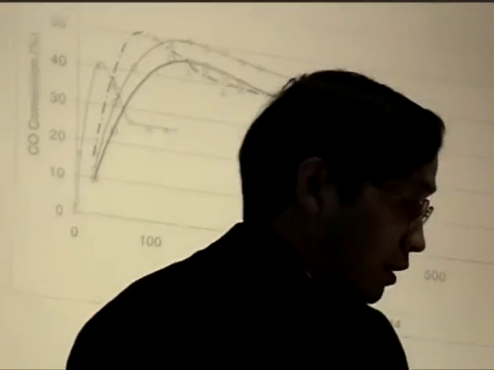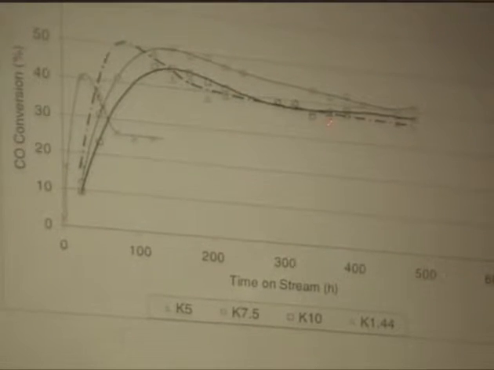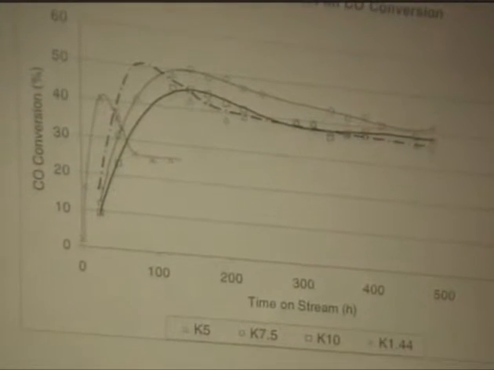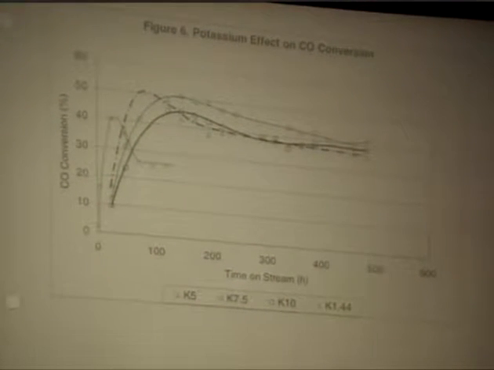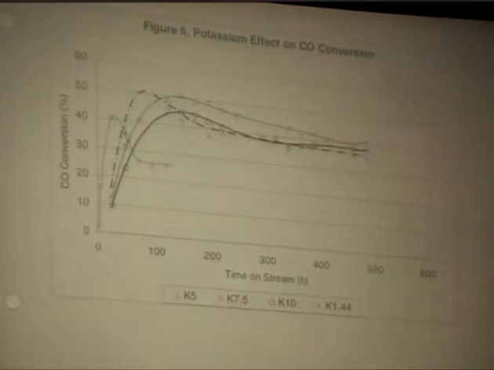Let's take another look at the CO conversion here. These 3 lines show similar results to the hydrogen conversion. For this line, we just added the low alpha catalyst CO conversion here. As I showed, the conversion versus the potassium content in the slides: when the potassium content is below 5%, the CO conversion increases very obviously.